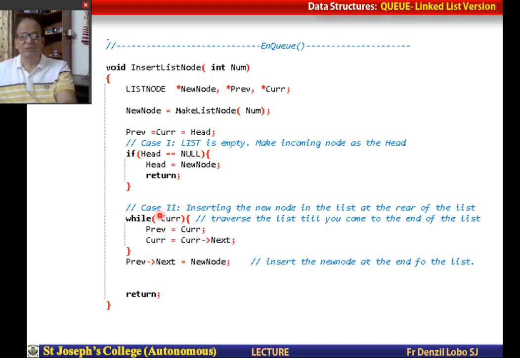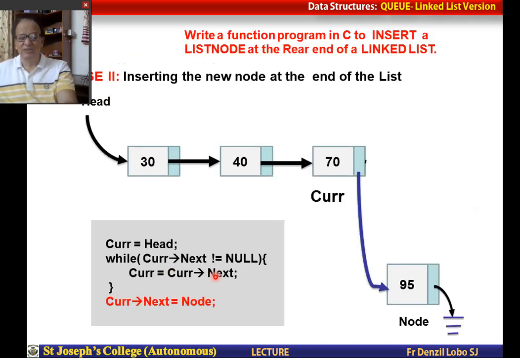So I've got two variables. I've assigned previous and current to head. Now, while current is not equal to null, I assign current to previous, and current is equal to current next. So it goes on like that till current becomes null. Then previous is the one. I have to link my new node to previous next. Here I said current is equal to current next.